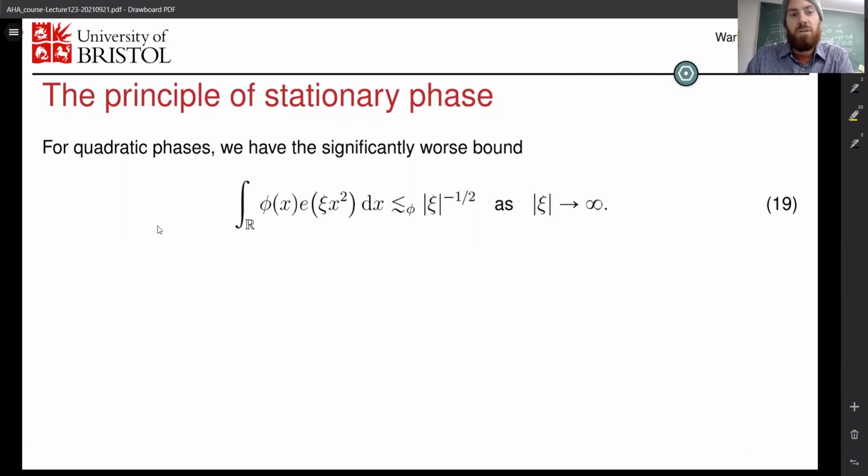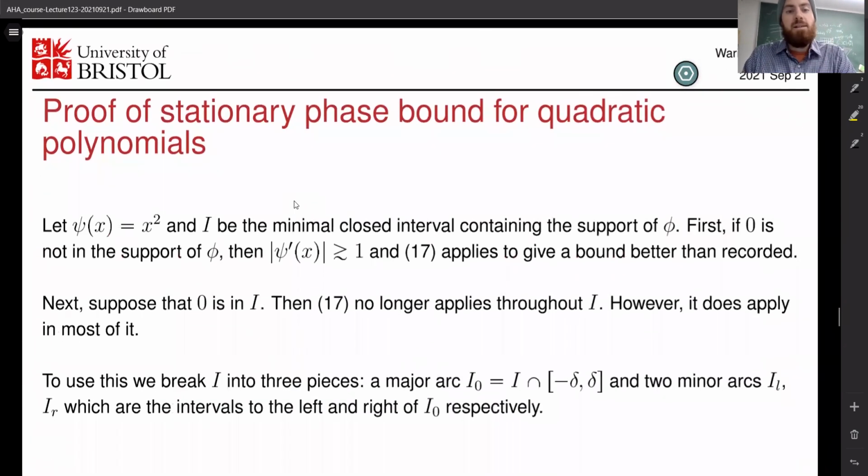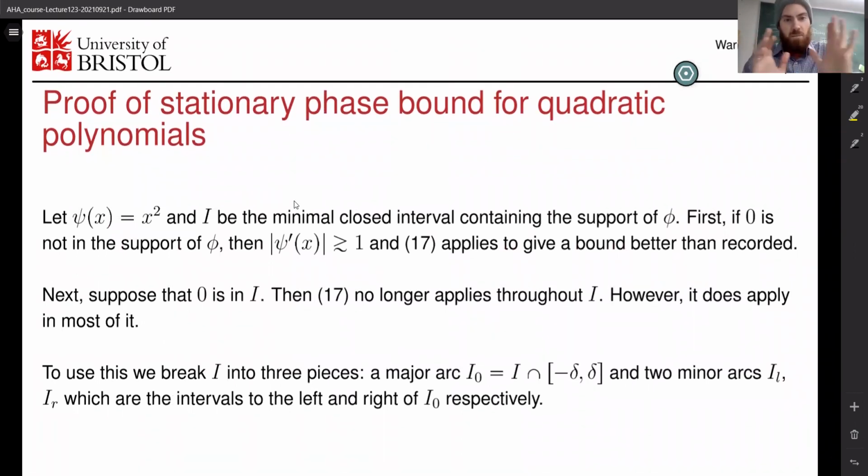If it doesn't include 0, then the derivative of x squared is always bounded away from 0, and we can just get the non-stationary phase bound from before. So we only care about when the support of phi contains 0. So assume it does; I'll call the support I. It's going to be just the smallest interval that contains the support of phi.